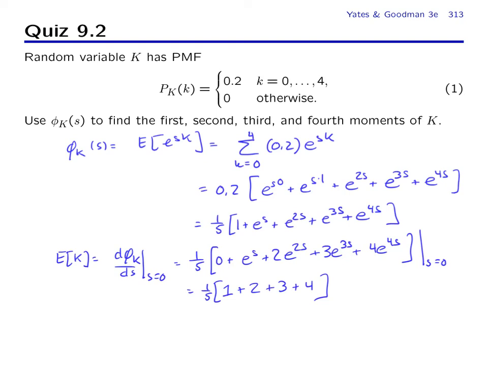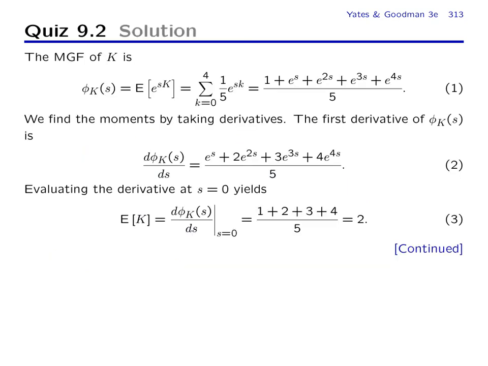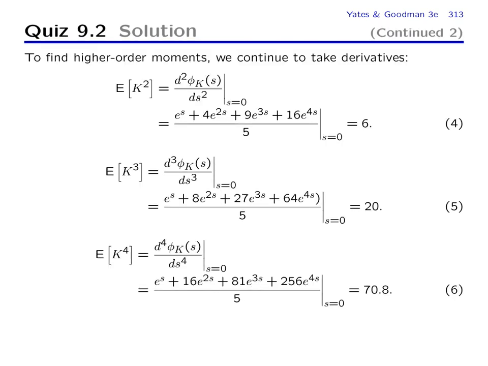The point of this problem was to show how this derivative of the moment generating function does this for you. And of course, if you take more derivatives and set s equal to 0, you get higher order moments. And eventually, for this particular problem, these moments can be kind of ugly stuff.